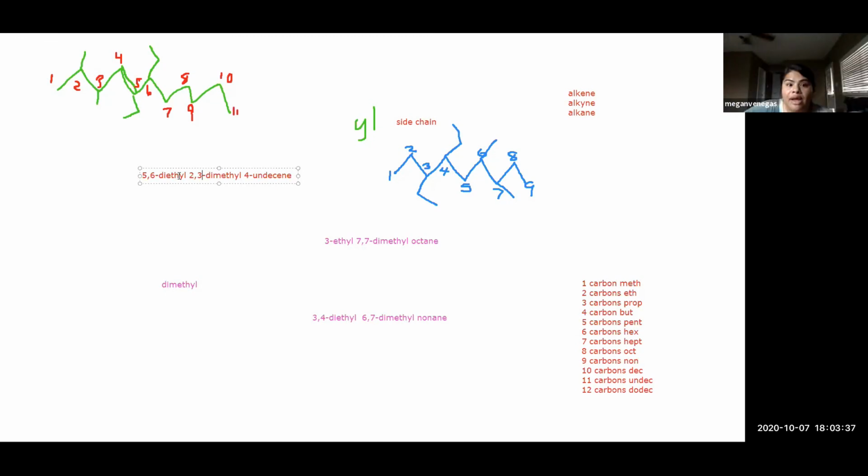So say the 2 letters at the beginning were not the same, and it was like A, B. You would put the A before the B. Yes, that's right. Oh, so you're asking if the prefix is different. The prefix di, meaning 2, you're not taking into consideration. You're taking the ethyl and the methyl into consideration. Oh, okay.